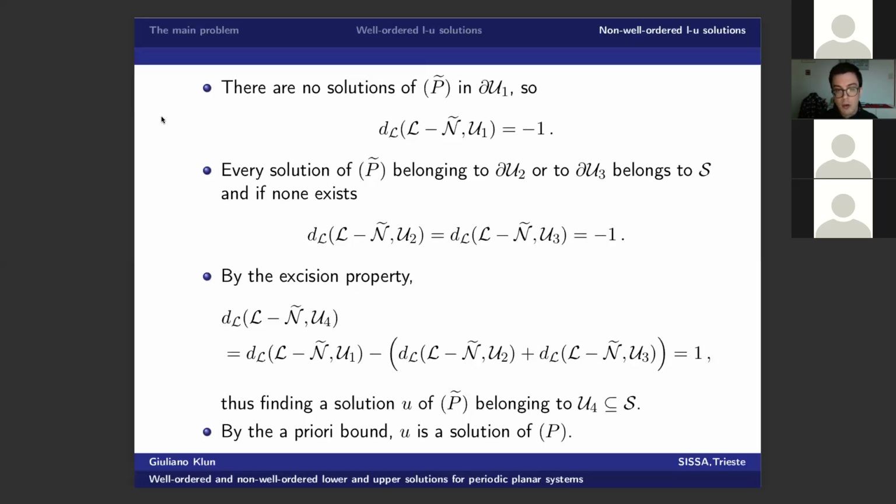So finding a solution in the strip guarantees that the problem has a solution that belongs to the region where the problem has not been modified. So this is nothing but a solution of P.